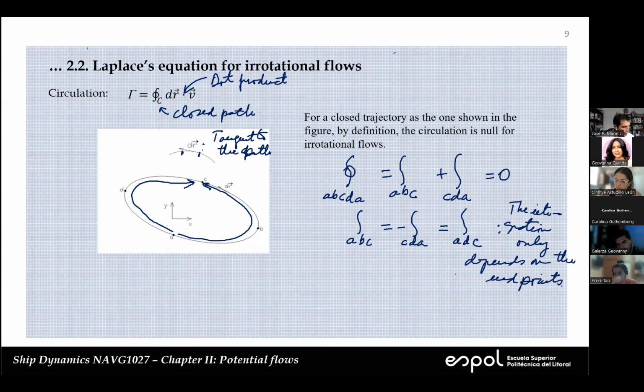Now, if that is the case, then we can say that the integrand has to be an exact differential. This is only possible if the integrand is an exact differential.